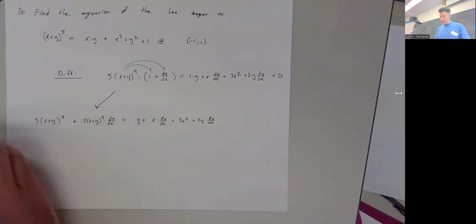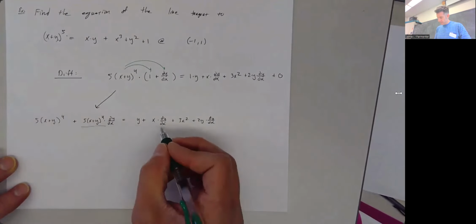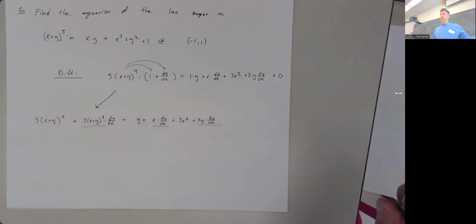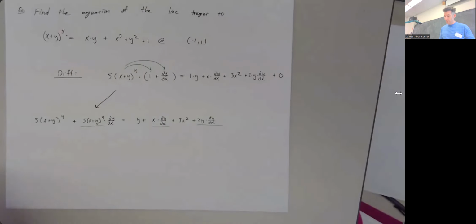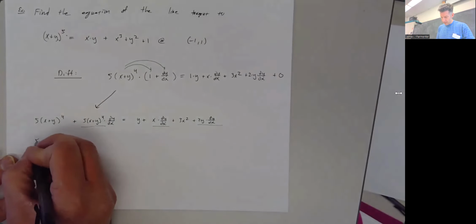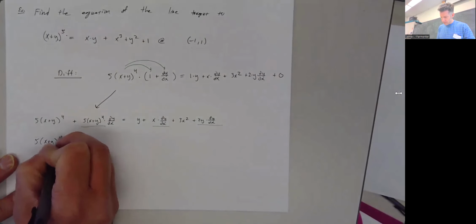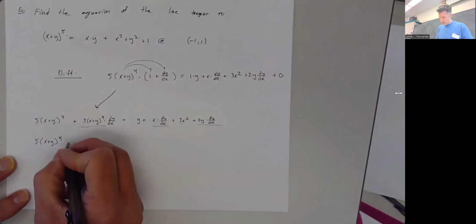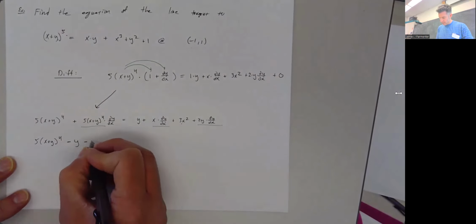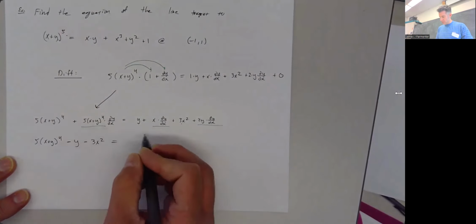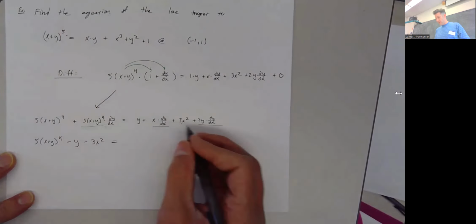Bringing all the dy dx's to the same side. Let's change up and bring them to the right-hand side for once, just to do it differently. I'm going to get 5 times x plus y to the 4th, and then I'm going to have that and that come over to the left, minus y minus 3x squared, equal to, let's factor and move things at the same time.